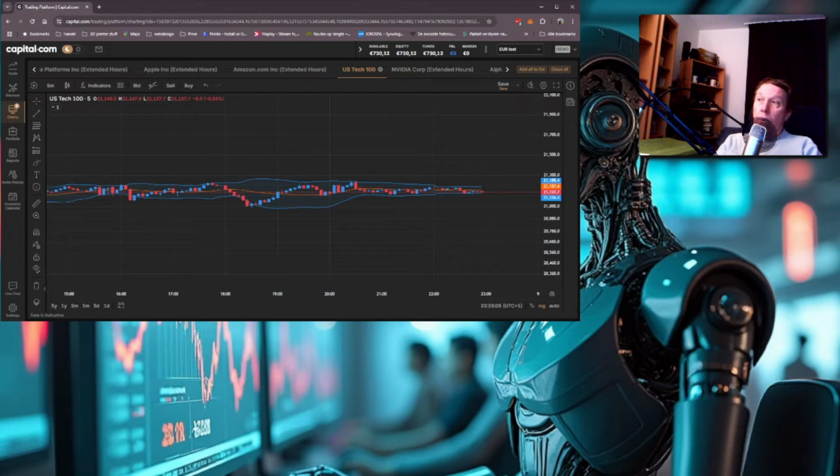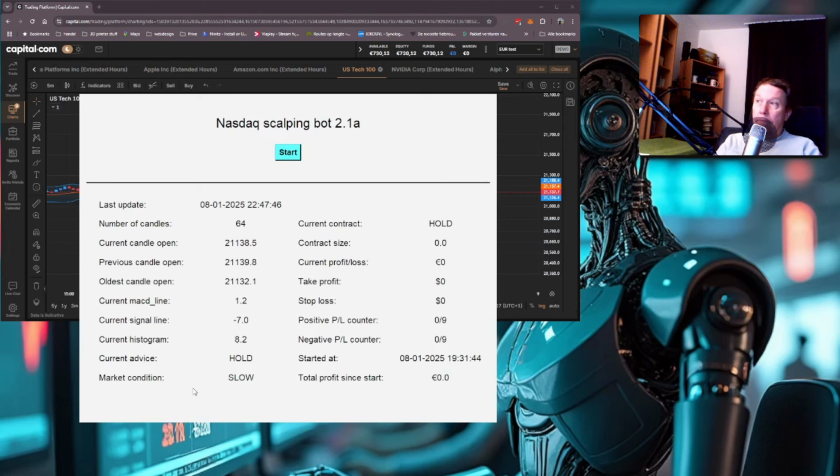And when we look at the bot, you see the market now is again slow. The market is closed, but it was slow. But at a certain point, at 6, it gave me normal conditions, and it didn't do anything.